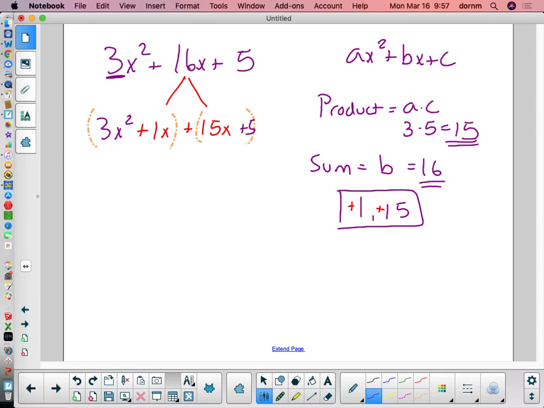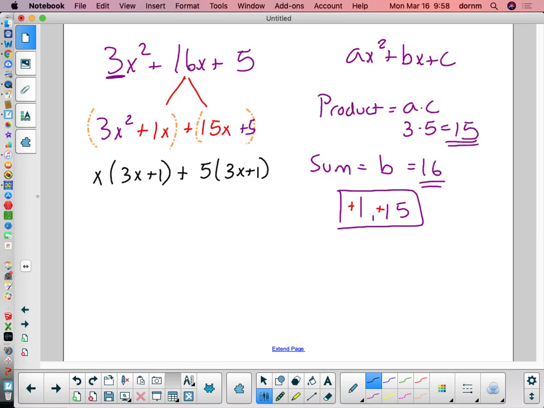Then I do greatest common factor just with this. What's the greatest common factor for just these two terms? Greatest common factor is just an x. I'm left with 3x plus 1. Plus, bring the plus sign down, what's the greatest common factor between 15x and 5? 5. And I'm left with a 3x plus 1.